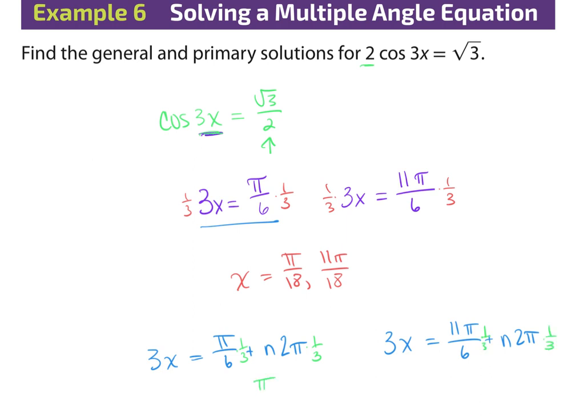So you would have pi over 18 plus n times 2 pi over 3, something like that, and 11 pi over 18 plus n times 2 pi over 3. So you would wait till you actually set it up to divide by 3. Primary would just be these guys, the 2 times that it happens, and at the end you divide by that 3. General would be set up the general first and divide every piece of the general solution by 3. All right.